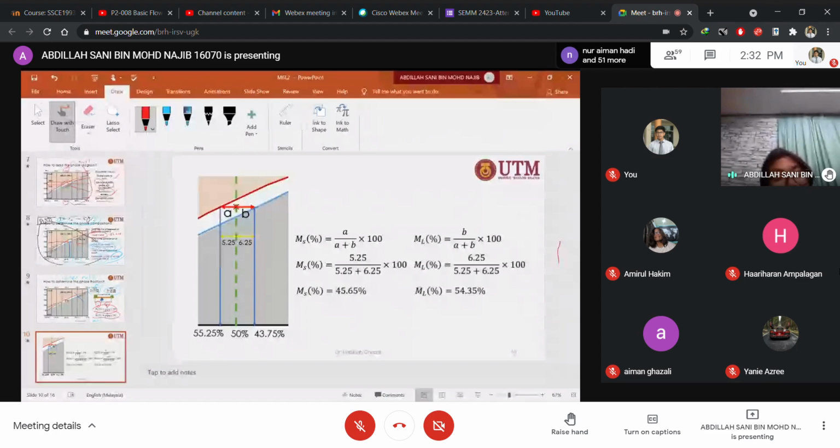Okay, let's see the microstructure. This is the point where the nucleation starts to occur.